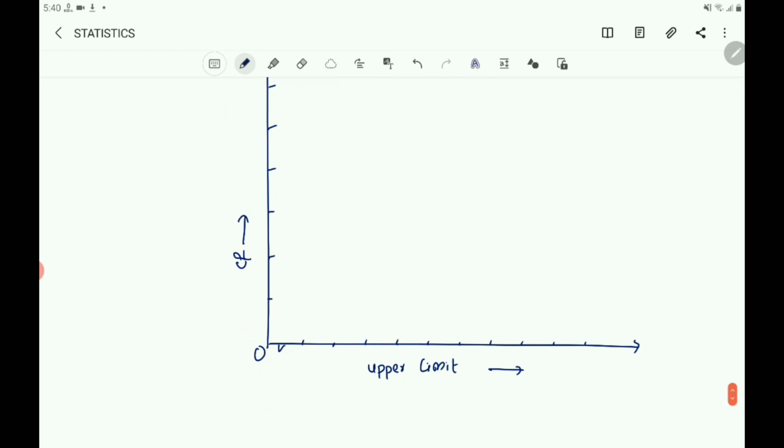Then you mark the first one, 100, that is the first lower limit. Next 120, 140, 160, 180, 200. This much is enough. Here also you take 10, 20, 30, 40, 50.